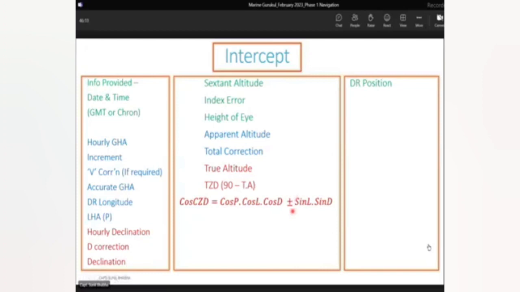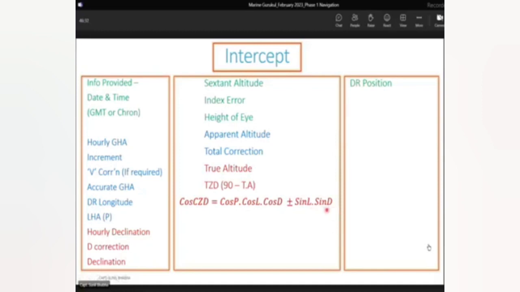plus minus. Again, you see two signs here in the formula. The same fundamental is used as what we used in Long by Chron. That is, upper sign is used when the following terms are of the same names. There are two following terms. One is latitude, another is declination.